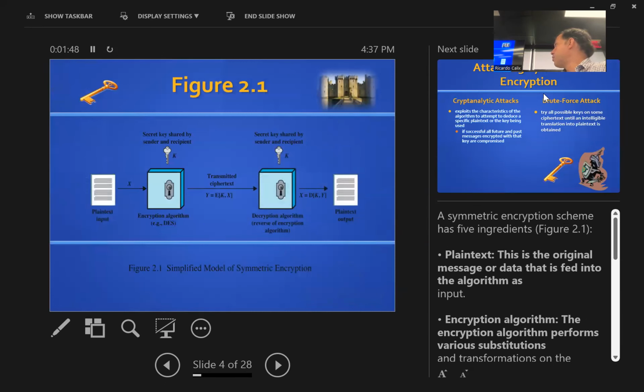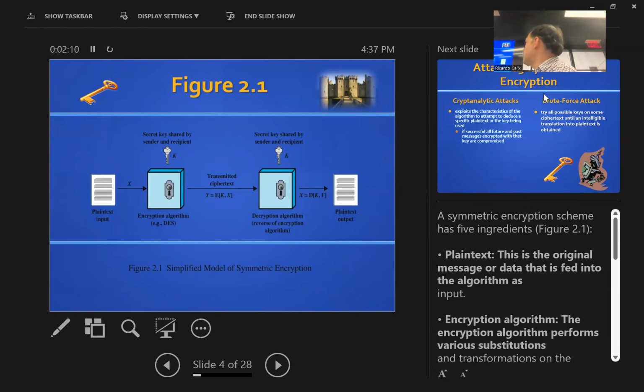So this was the framework that we looked at before, a simplified model of symmetric encryption. We've got plain text input going into an encryption algorithm such as DES. You need to have a secret key shared by sender and recipient. Notice it's K, the same from both sides.